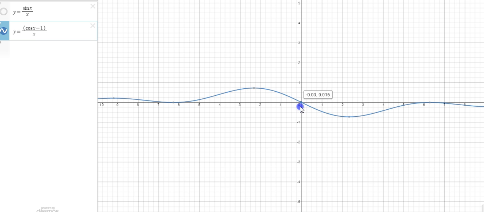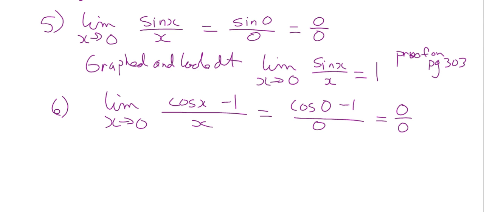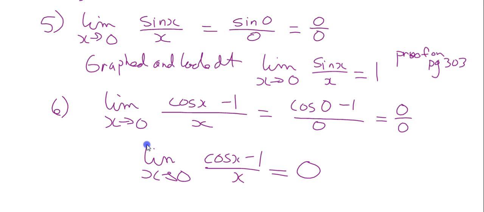But we know it's undefined there, okay? So the limit as x approaches 0 of cos x minus 1 over x is equal to 0.